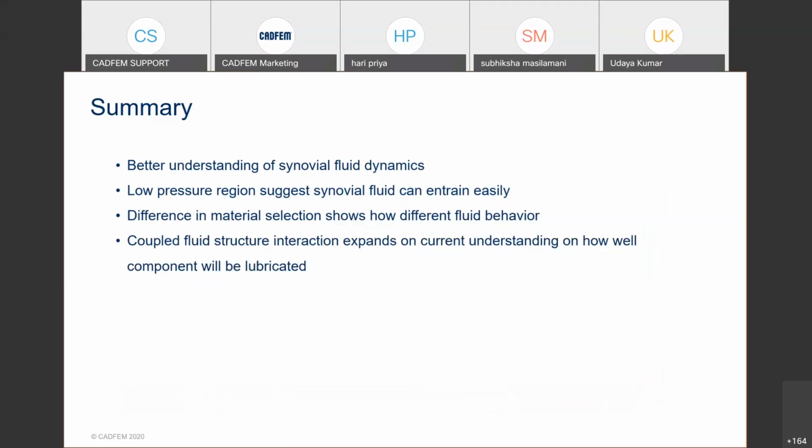From the summary of this experiment, we are able to understand the synovial fluid dynamics, how it interacts between the parts, and how the shoulder joint works, considering every element. We were able to understand the low pressure and high pressure regions, which gives an insight into how the synovial fluid moves inside the region, creating better lubrication for the joints.